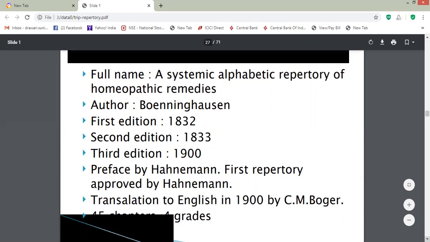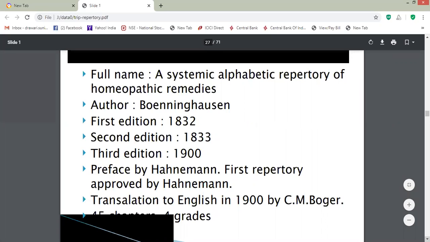From 1830 onwards, he came in close contact with Dr. Hahnemann. He liked the concepts of Dr. Hahnemann, and by following all these concepts, he tried to write down some index of symptoms.